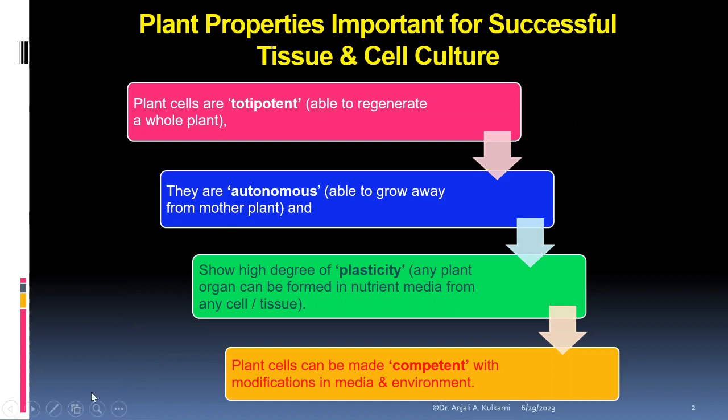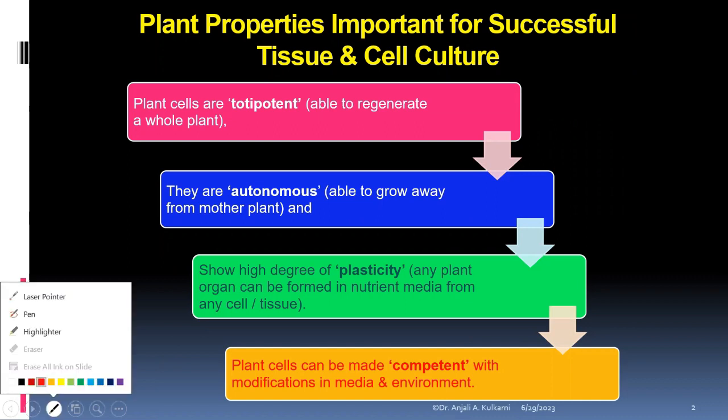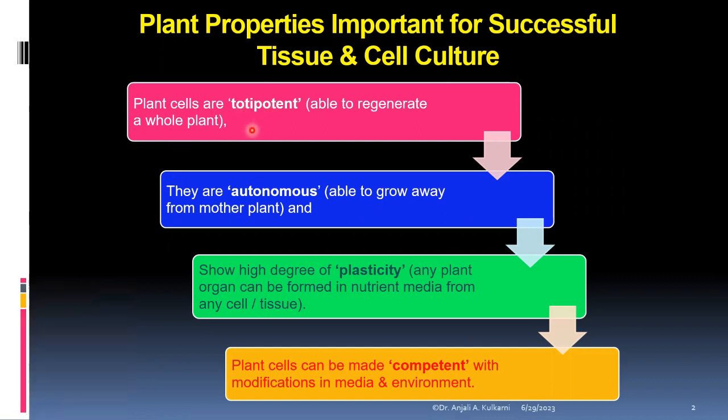So one of the most important properties that has helped us in this high success rate is the property of totipotency in case of plant cells. The totipotency is a property which allows a single cell to be regenerated into a whole plant. That is why plant tissue culture, even at a commercial level, is so very successful.